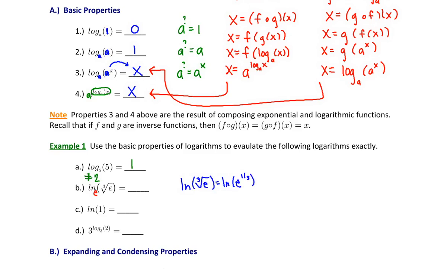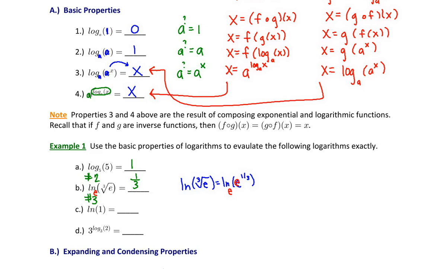So in this case, the base of the logarithm, again, it's not written, but we know that it's e, matches the base of the argument. So this is going to follow property number 3. If the base of the logarithm and the base of the argument match, then the result is the exponent, which is 1/3. Next, we have natural log of 1.